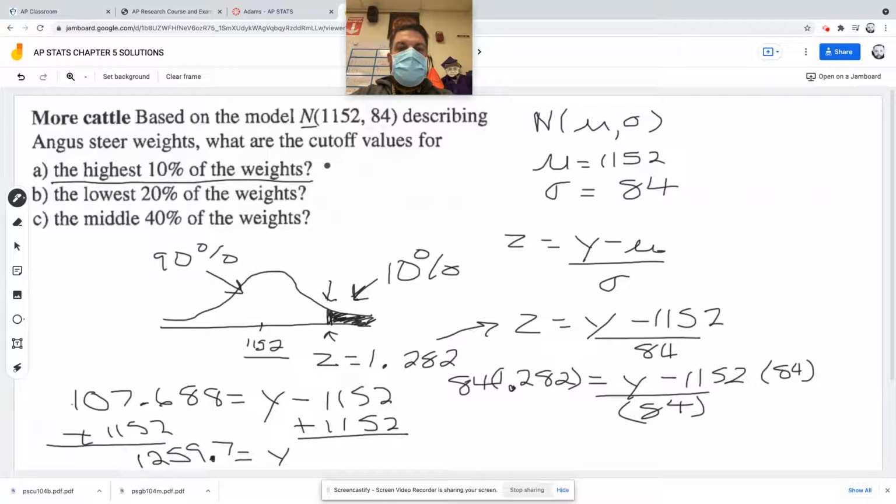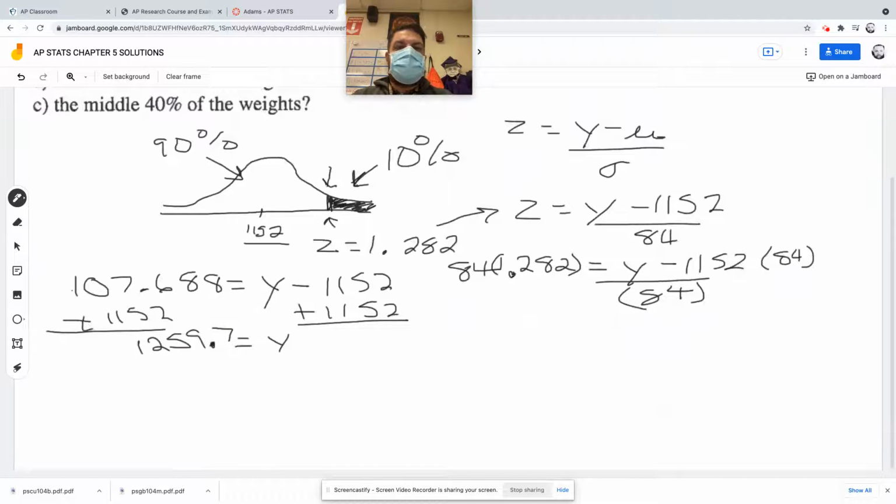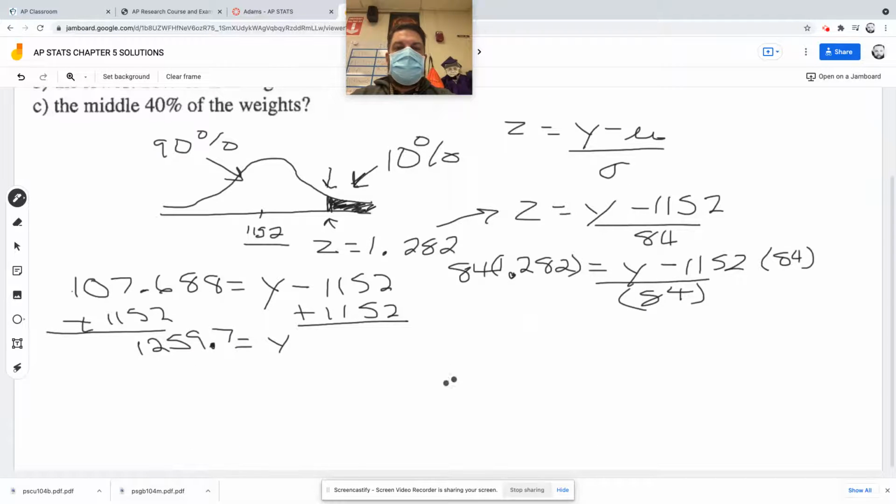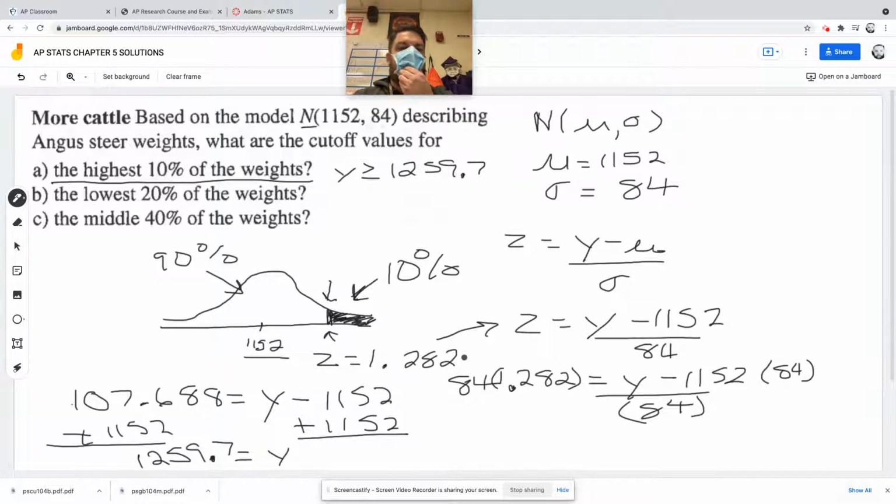That would be y is greater than or equal to 1259.7. Now, are you going to have 0.7 of a cow? I mean, I guess you could.